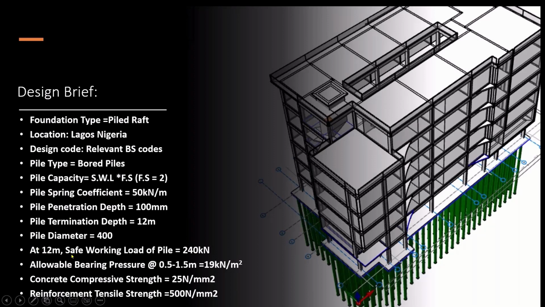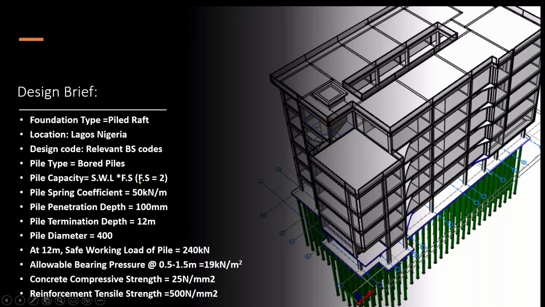Then at 12 meters, the safe working load is 240 kilonewton for this pile, meaning the pile capacity will be times 2, which is the factor of safety as recommended by the geotechnical engineer or from the soil report.